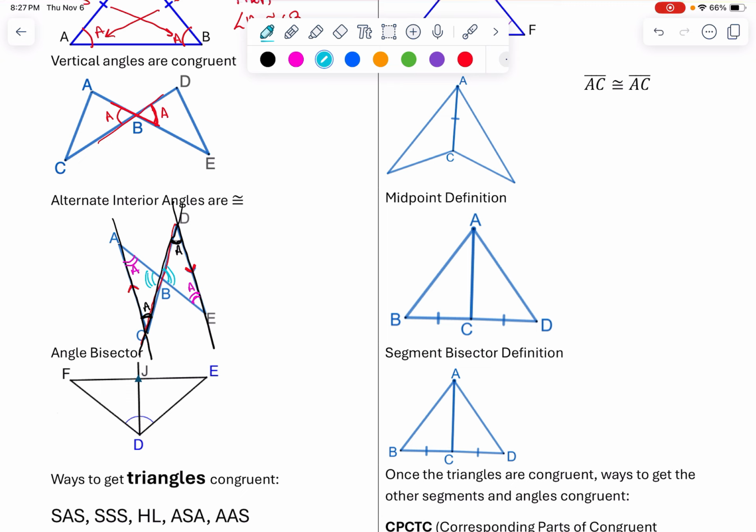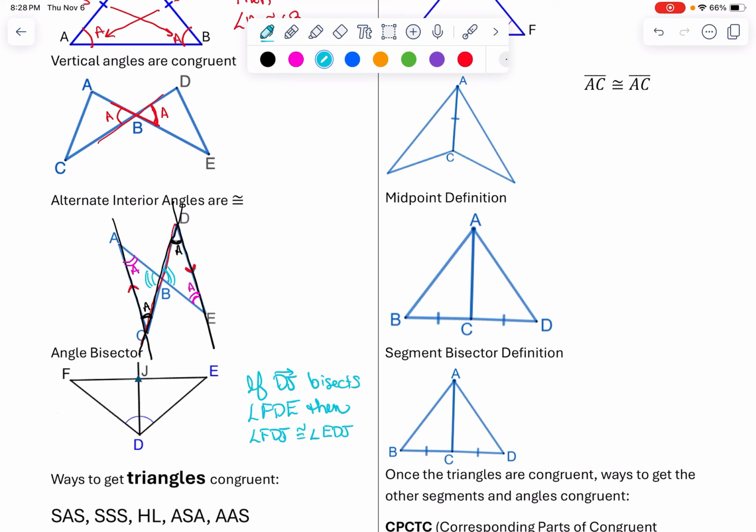Angle bisector is the other way that you can get angles congruent. If ray DJ bisects angle FDE, then angle FDJ has to be congruent to angle EDJ.